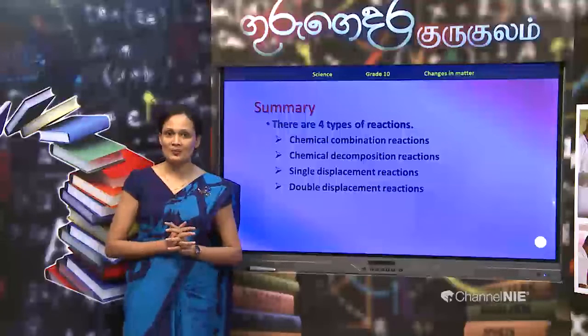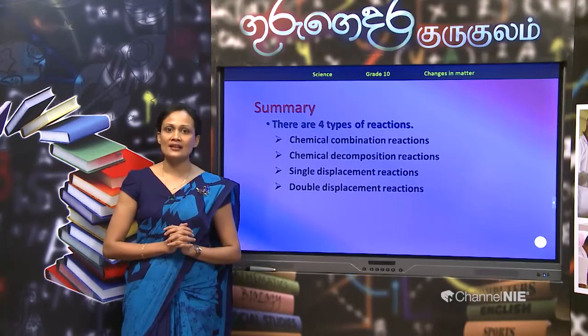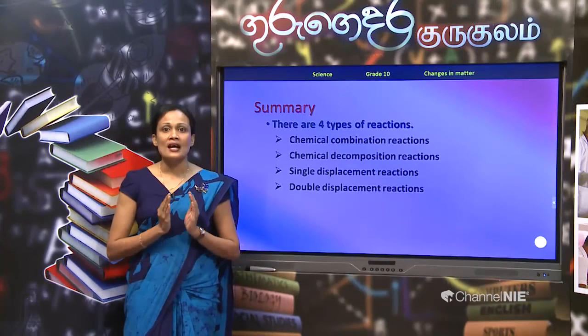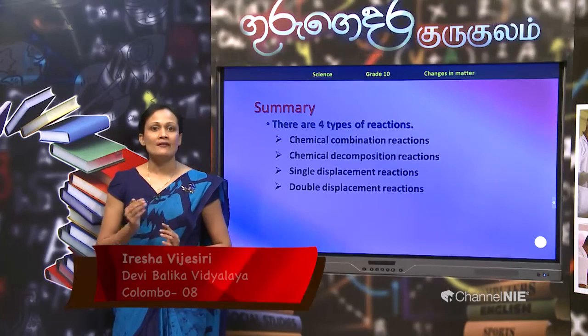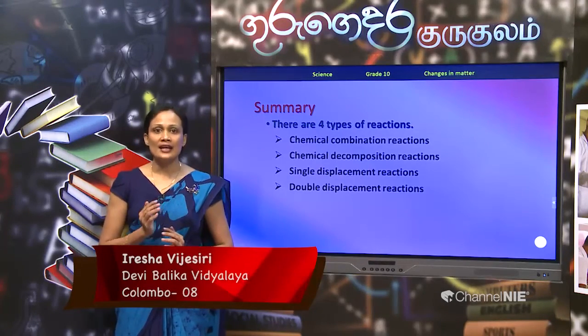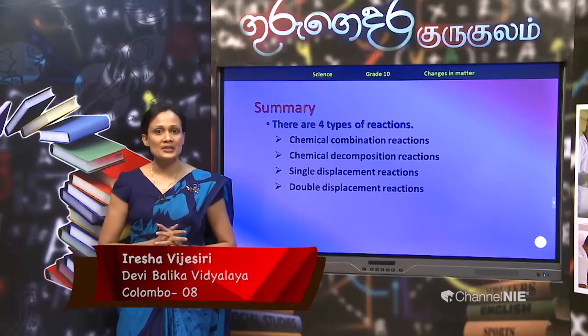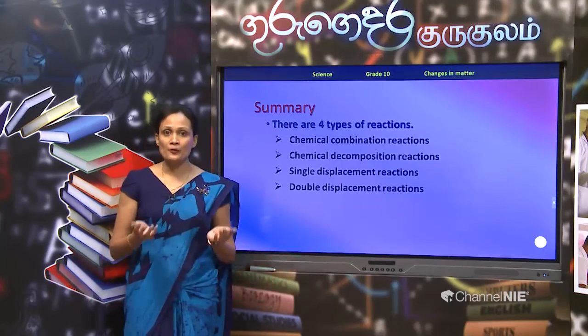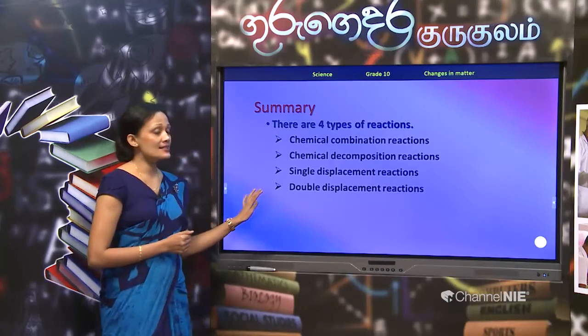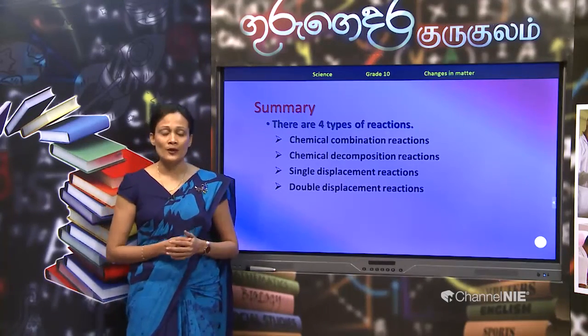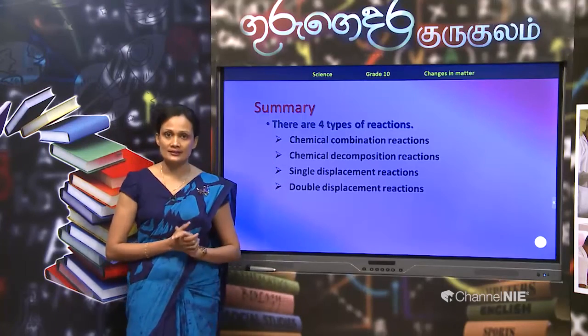Then we discussed double displacement reactions. That means an element or radical present in a compound reacts with another element or radical present in a compound and forming new products. And also we discussed some examples for these four types of reactions.